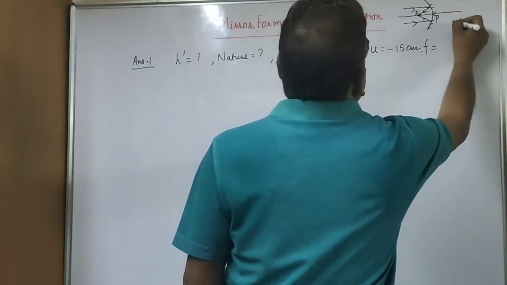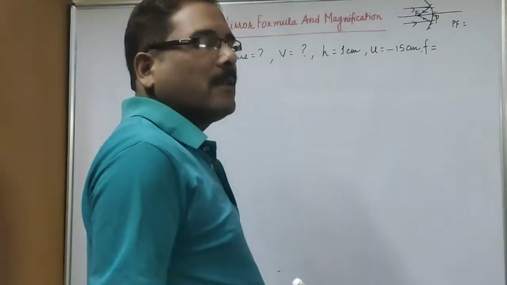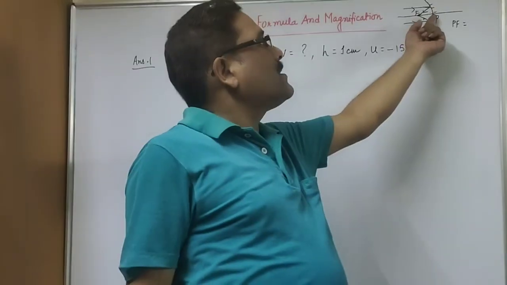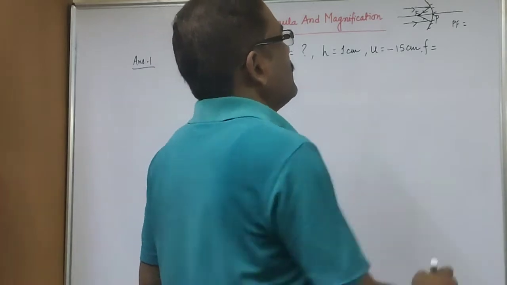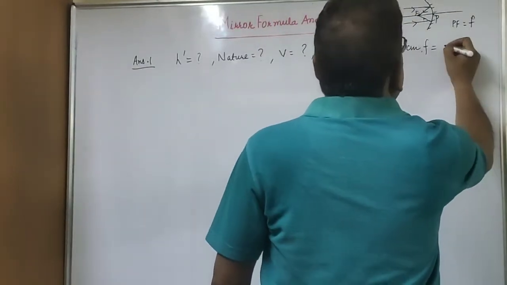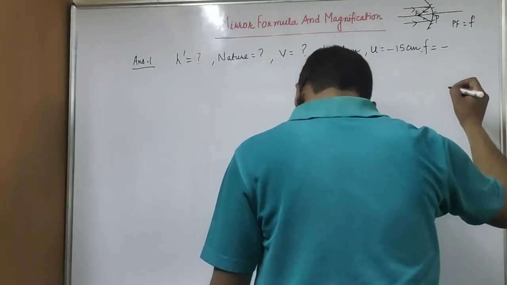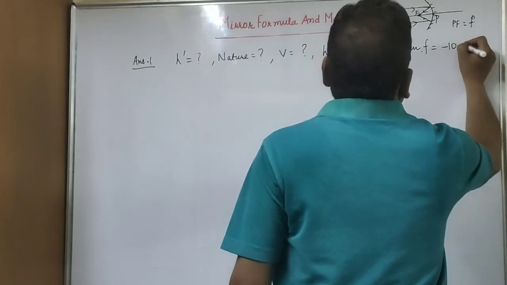So this PF distance is the focal length, and you see it is towards the left of the pole. So here f is negative, so we will write minus 10 centimeter.